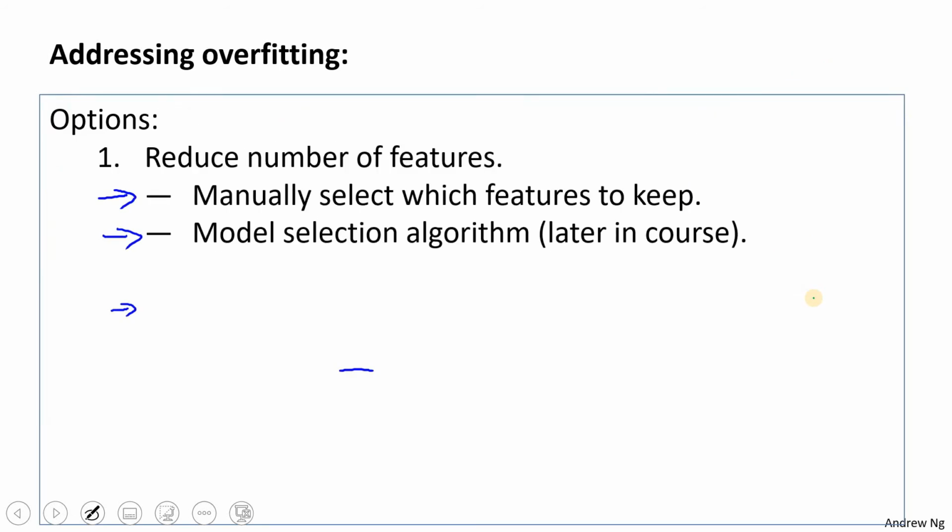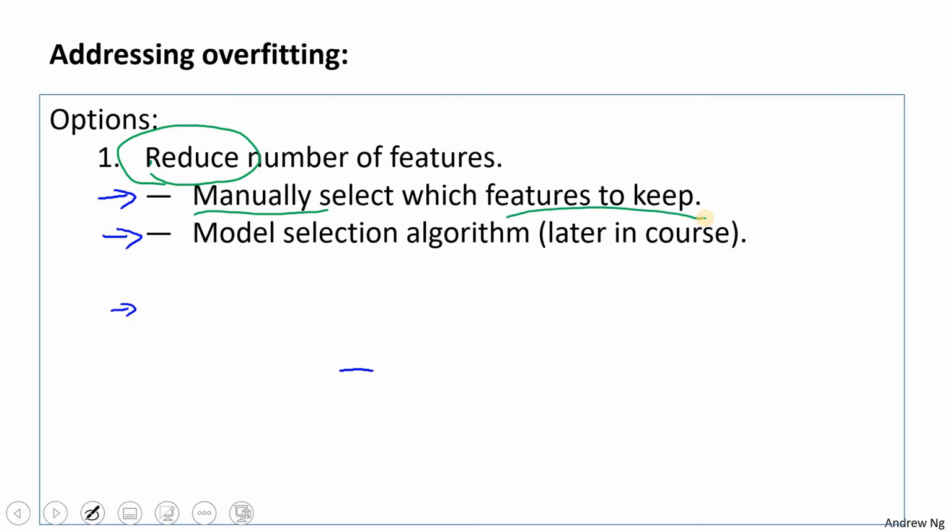So what are the options to avoid overfitting? For underfitting, you add new features. For overfitting, the opposite: you reduce the number of features. What you can do is manually select the features which you will keep and which you will discard or remove.